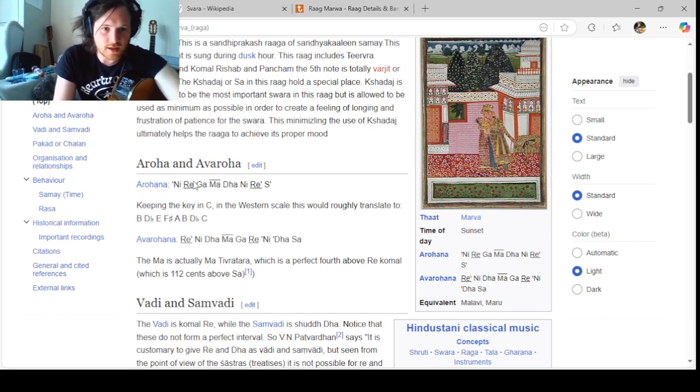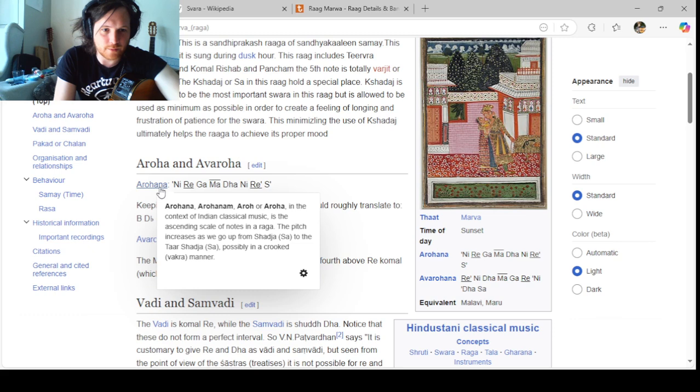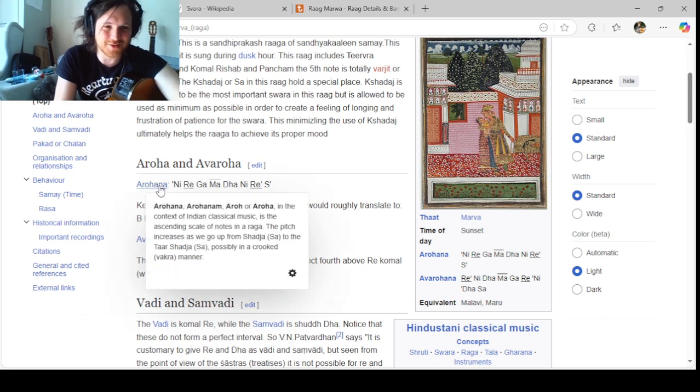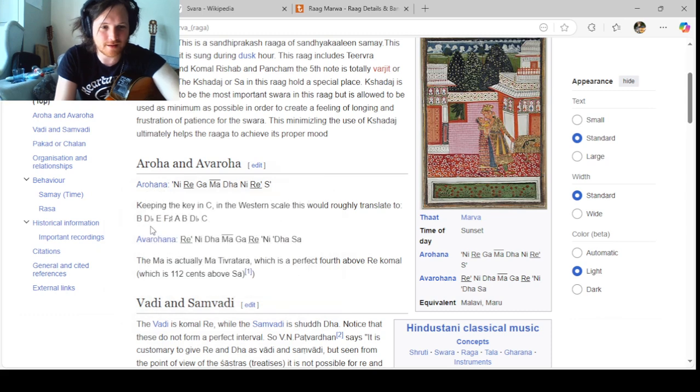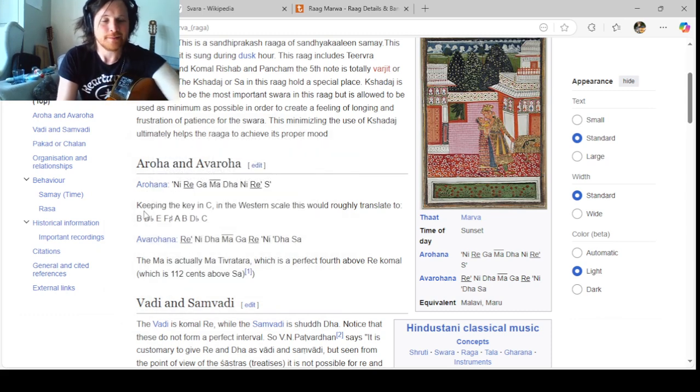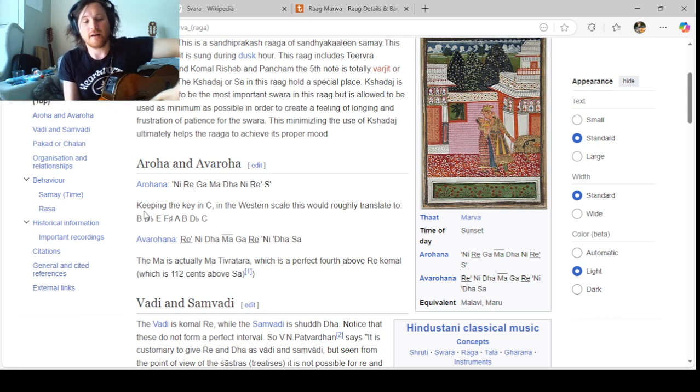But anyway, we have Aroha and Avaroha, which I believe are ascending. So Aroha or Arohana is, I mean, the stress might be totally different, but anyway, it's upwards, whereas Avarohana is descending downwards, okay? And one of the quite special things about ragas in comparison to scales is that they are different on the way up and the way down.